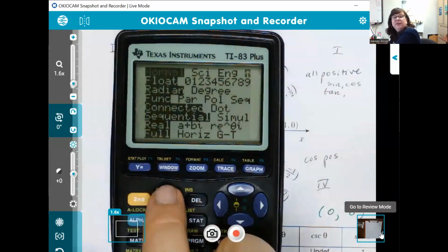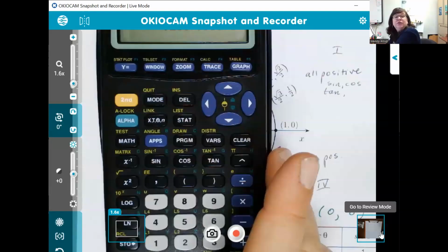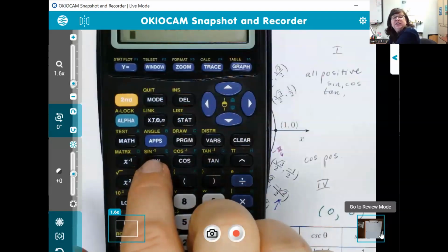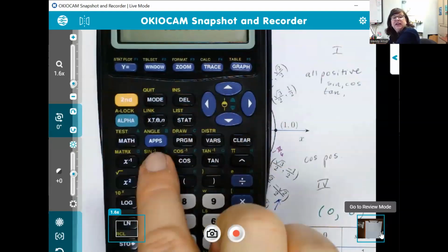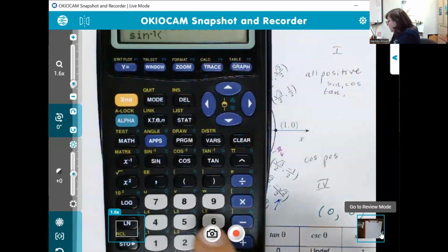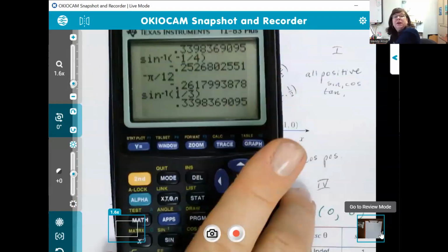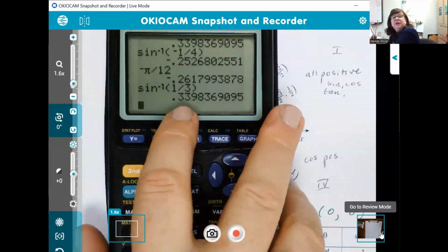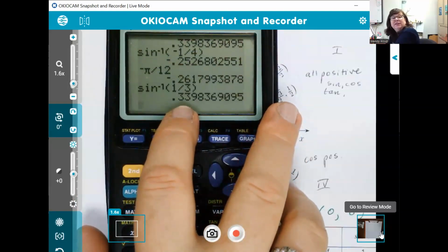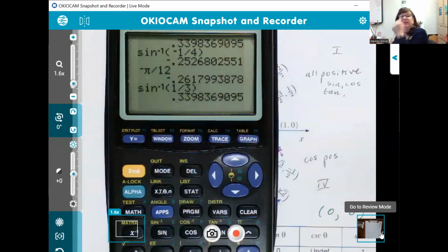Then I'll use the inverse sine button above sine: second, inverse sine, 1 divided by 3. And I get 0.34 radians.